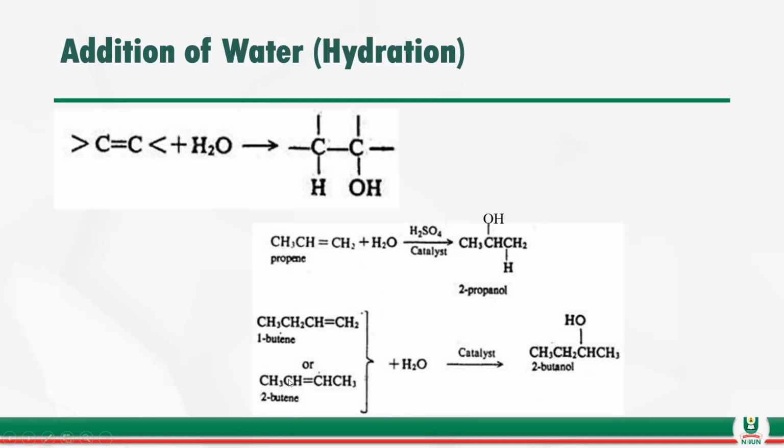If you come to this particular one, which is 2-butene, this molecule is symmetrical. Remember, if you bisect it here, you have CH here, you have CH here, you have CH3 here, you have CH3 here. And remember what I told you about symmetrical compounds, that Markovnikov is useless because the product will definitely be the same.